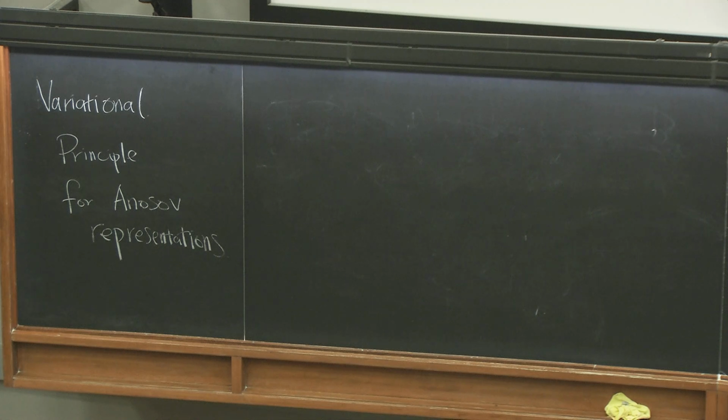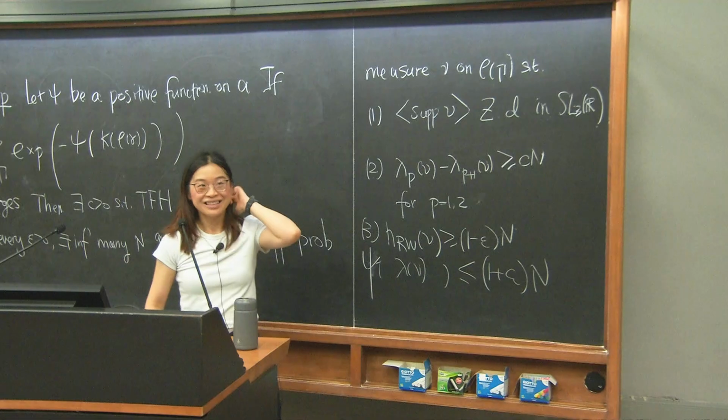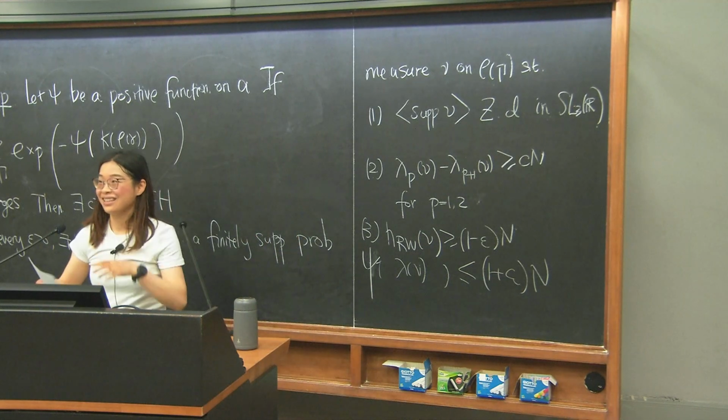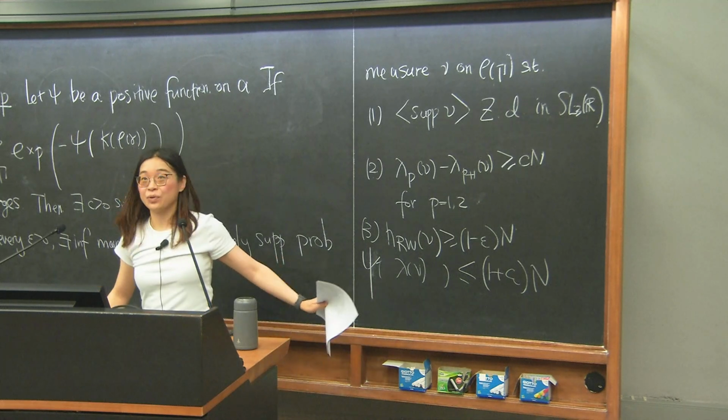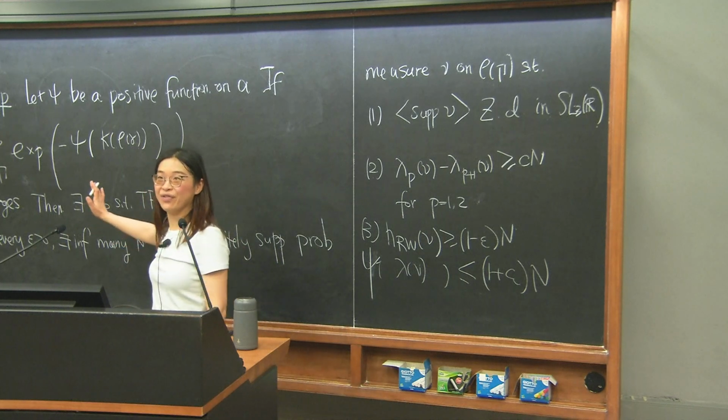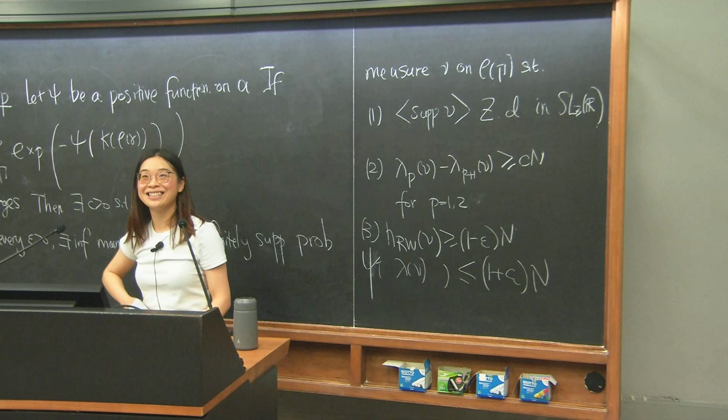So it's free. This is to input the Lyapunov vectors of the random walk into this functional. Yes, exactly. Okay. Any other questions about clarification needed for the proposition?